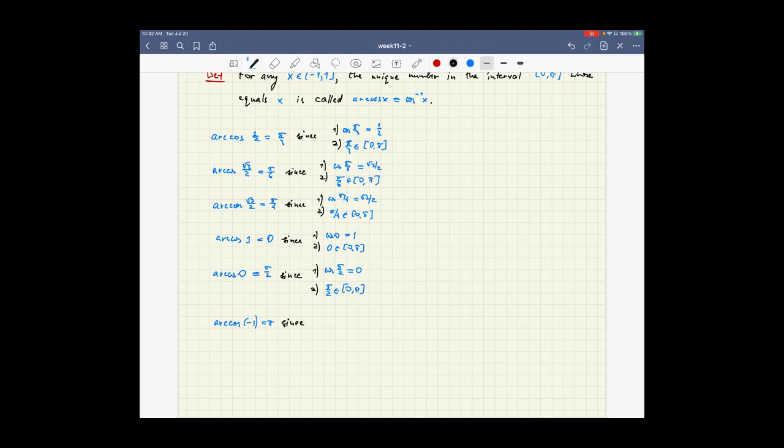That is because cosine of pi is -1, and of course pi belongs to the interval 0, pi.